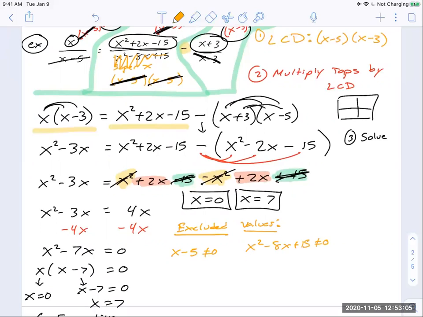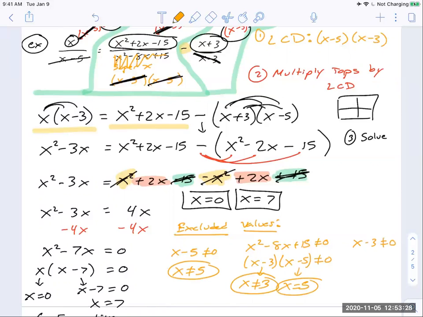We already said that that's factored to x minus 3, x minus 5. And then lastly, we have x minus 3 can't equal 0. This gives me x can't equal 5. X can't equal 3. X can't equal 5. X can't equal 3.